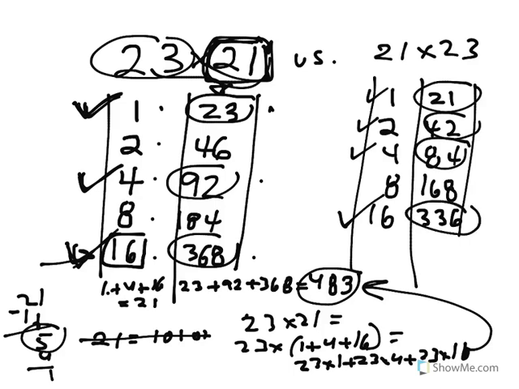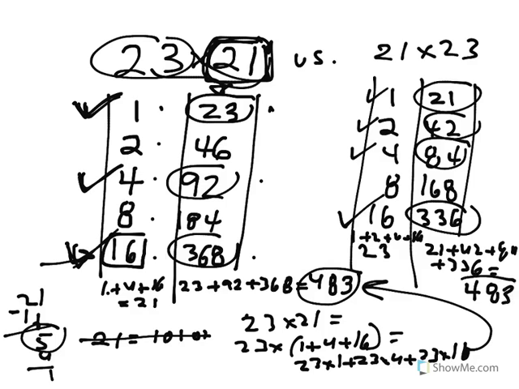So I'll actually go here and say 23 is 1 plus 2 plus 4 plus 16. And over here I would do 21 plus 42 plus 84 plus 336. And I do get 483 for that answer also.